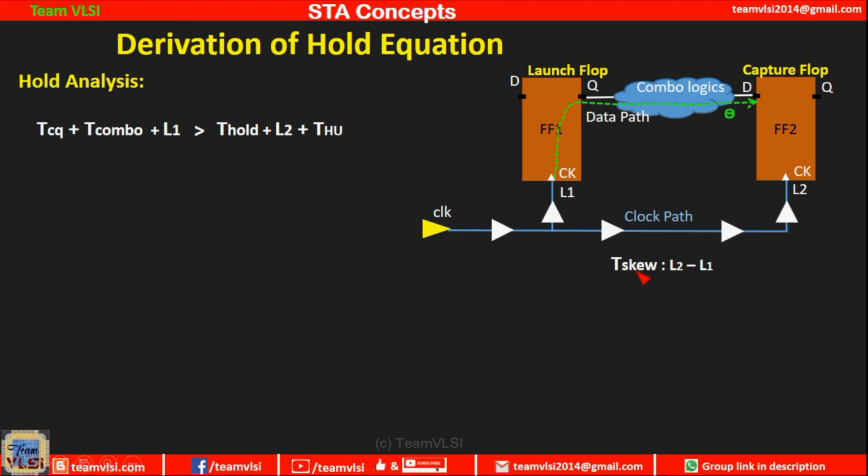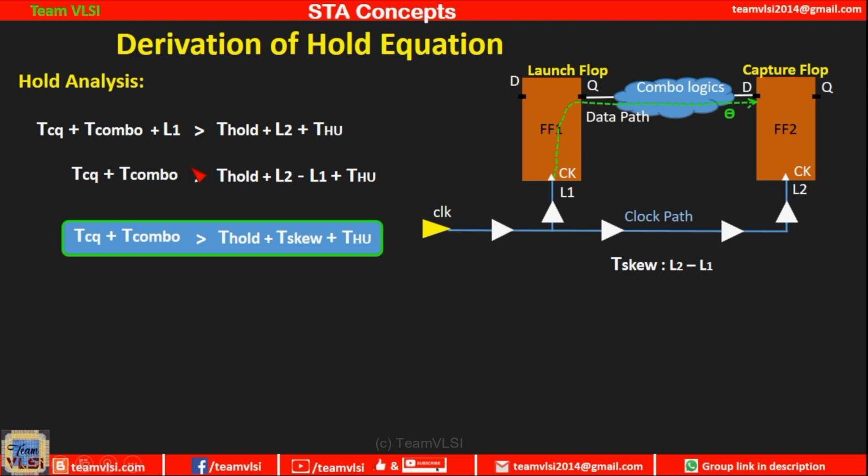So we know that L2 minus L1 is the clock skew between these two flops. So let's subtract L1 by taking it to the right hand side. It becomes L2 minus L1, and we replace L2 minus L1 with T skew. So our final equation will be clock to Q delay plus T combinational delay should be greater than hold time of flip flop 2 plus clock skew plus hold uncertainty.